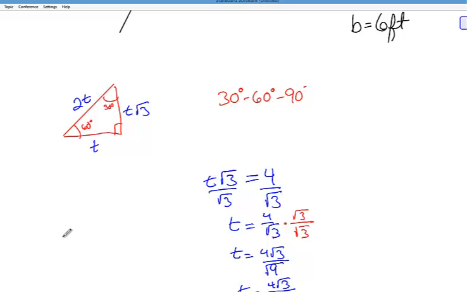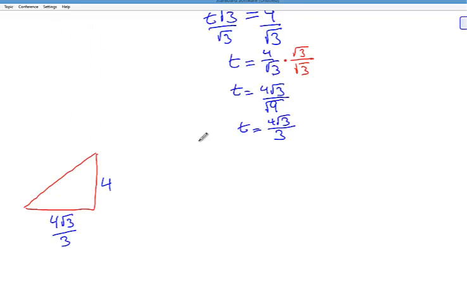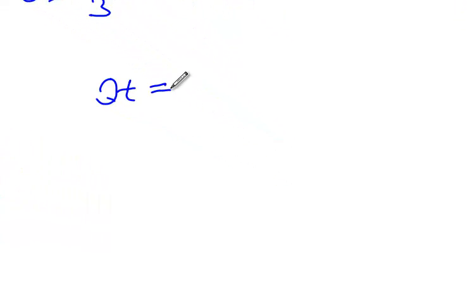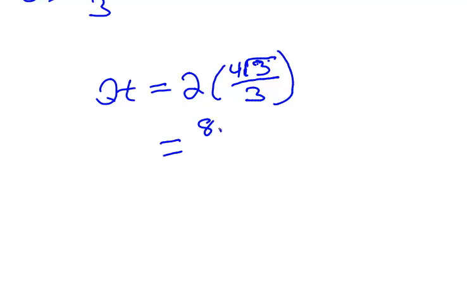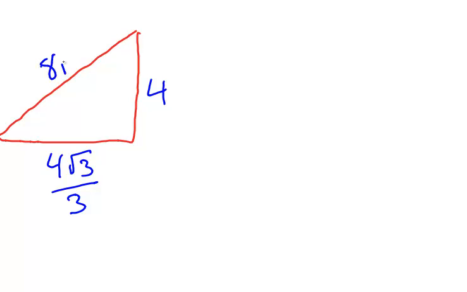The last part that we need to figure out is this side over here, which is equal to 2t. t was 4 square root of 3 divided by 3, so 2t is now going to give me 8 square root of 3 divided by 3. That gives me the third side of my triangle.